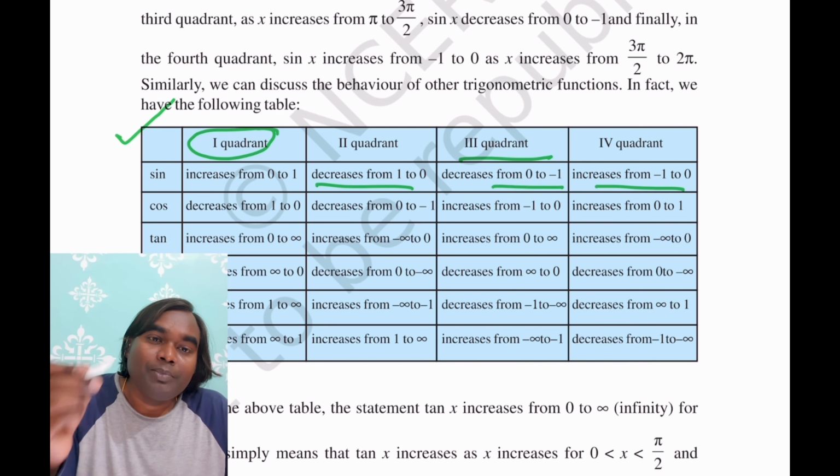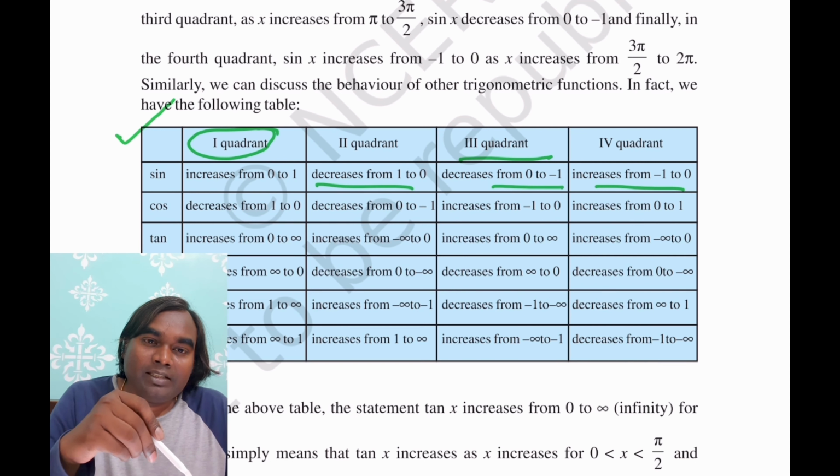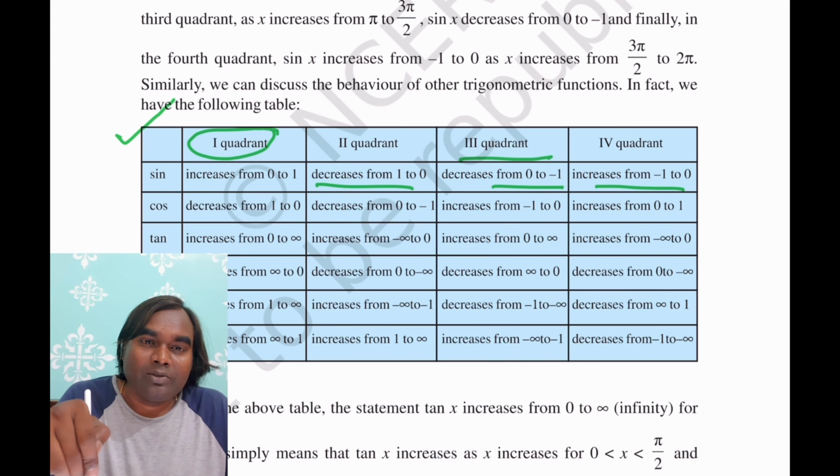That means it completes one circle. First it increases from 0 to 1, then it decreases from 1 to 0, then it again decreases from 0 to minus 1, and then it comes back, minus 1 to 0.